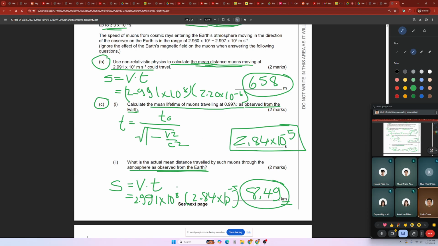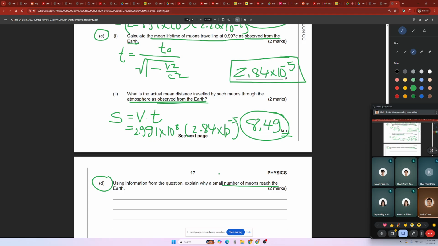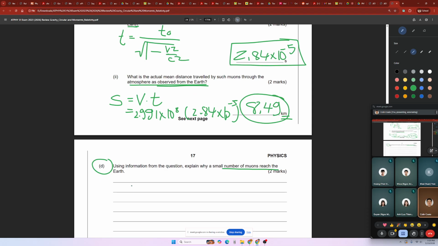As observed by Earth, their lifetime would be longer. So that means they will travel much further. And so that's why some of them are able to travel to reach the surface of Earth. Okay? So that's it.